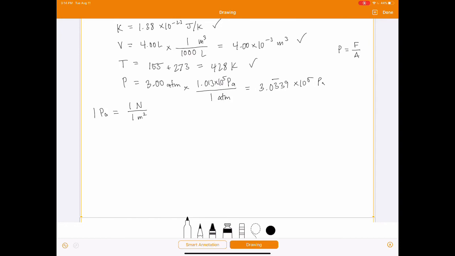Okay? But if you recall, and I'm going to write down another equation, F equals ma, Newton's second law. A Newton of force is equal to a kilogram, because that's our mass unit, times acceleration, meters per second squared, that's our acceleration unit. And then we divide that by meters squared on the bottom.